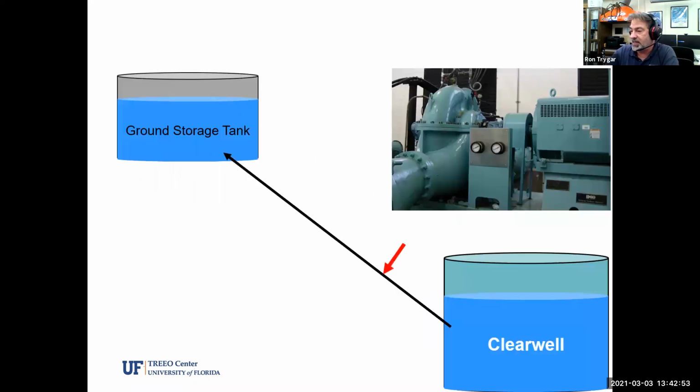If we look at this example I have on this slide, if we have a clear well, the clear well is actually holding water in it, and we need to get it to a place that's at higher elevation, or we're pumping against head in feet. Let's say that we're pumping across town into a ground storage tank from the clear well at the plant.